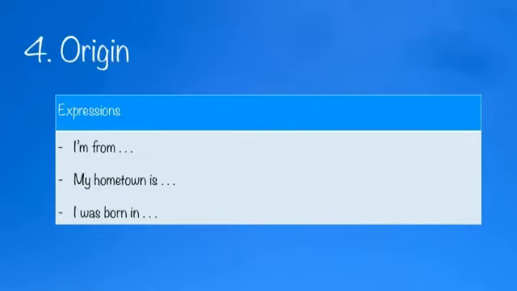The fourth is origin or asal. You can use I'm from, my hometown is, I was born in. I'm from Malang. My hometown is Surabaya. I was born in Medan.